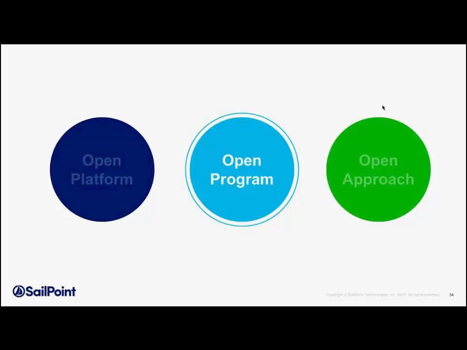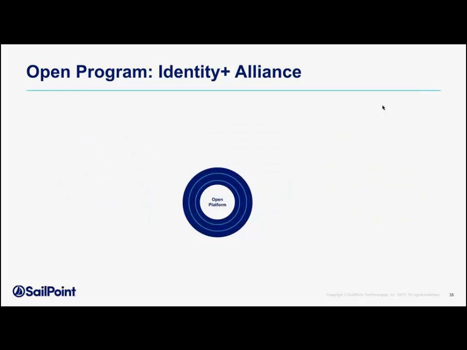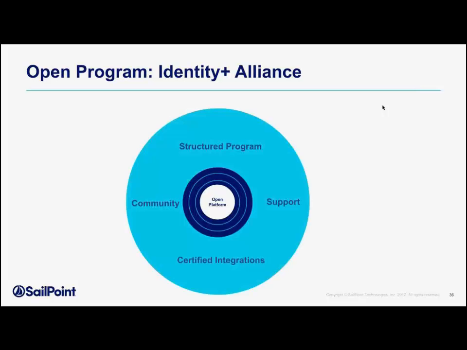And for us, an open program really has a name. It's called the Identity Plus Alliance, but there's a lot more to it than that. It's an alliance of like-minded industry-leading vendors. And these are vendors that have come together to create an integrated ecosystem based on our open platform.